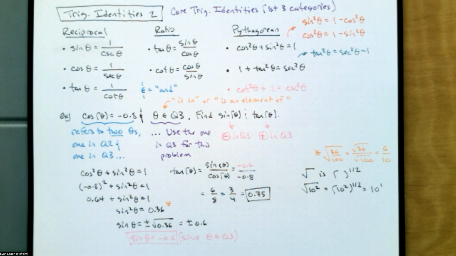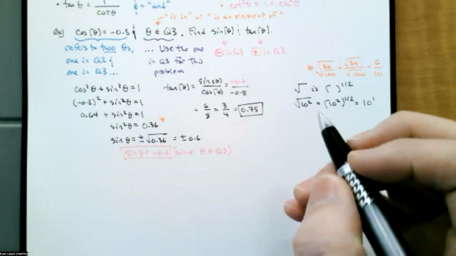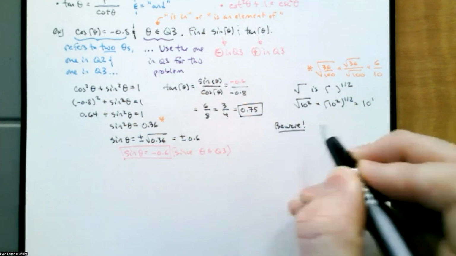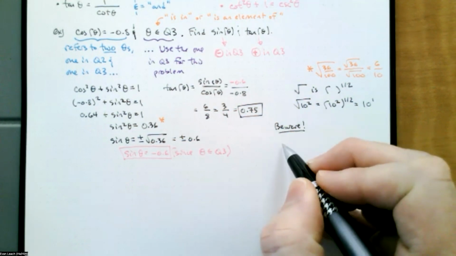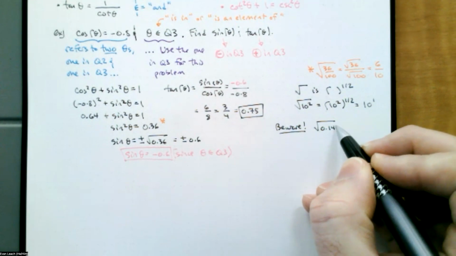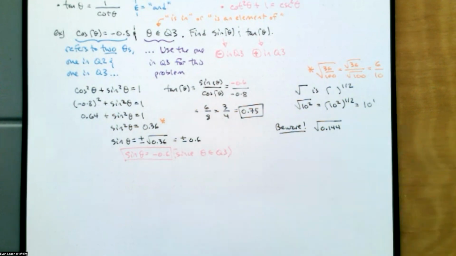So if I wanted something like the square root of 0.144, we might look at this 144 and see that's 12 squared. But the problem here is the denominator. This is 144 thousandths, not 144 hundredths.